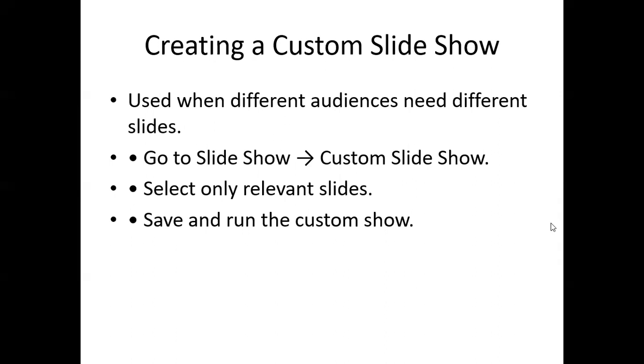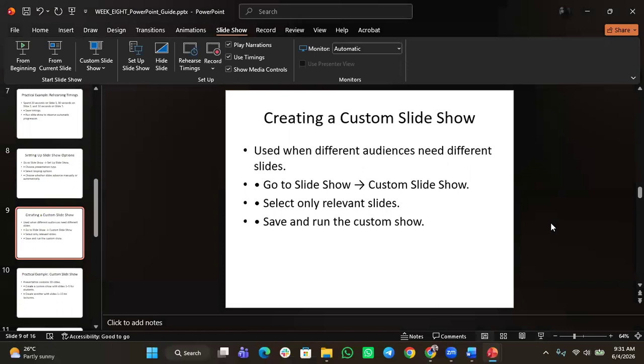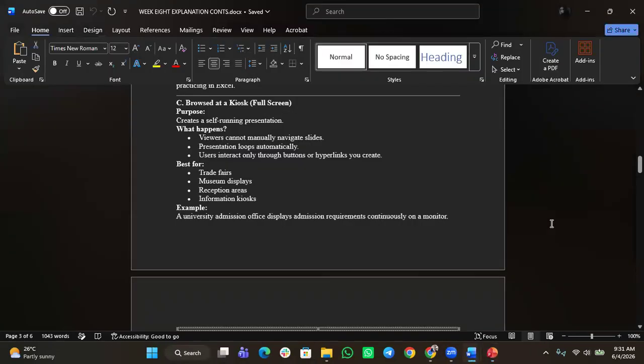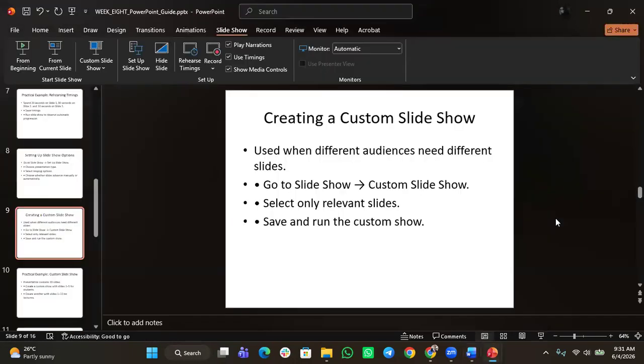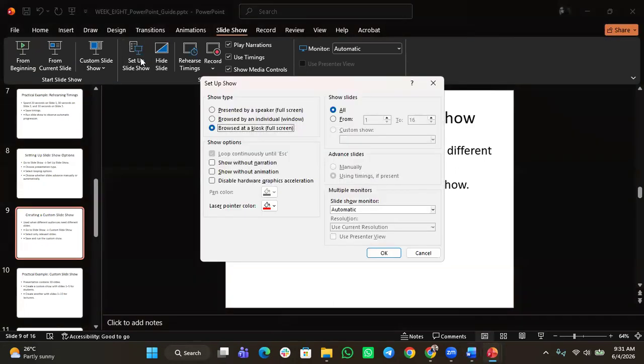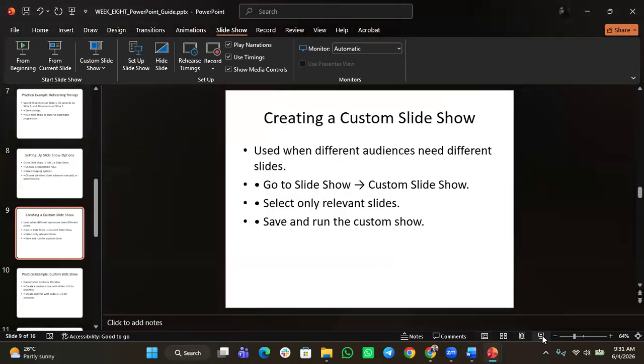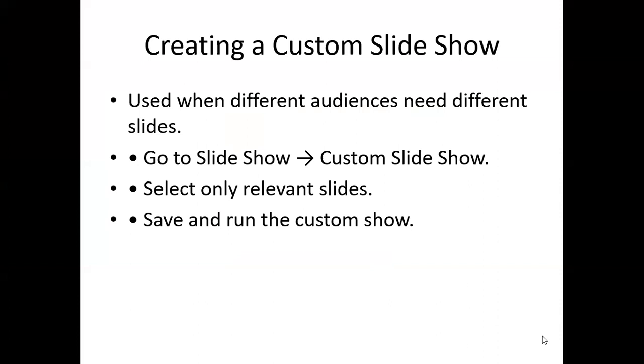Maybe you can decide to add animations or whatever, and it will be coming up. But that is the only slide that it will be showing. That is what that place is saying: viewers cannot manually navigate slides. You cannot move the slide. If I click OK and I say slideshow, if you press the right arrow, the enter or the space bar, it will not move.